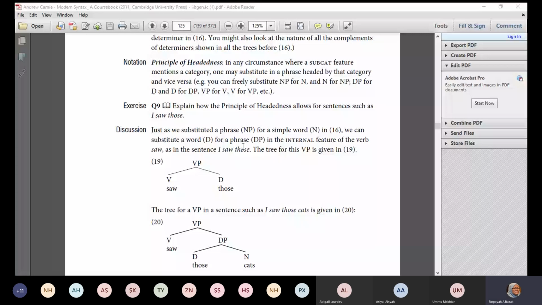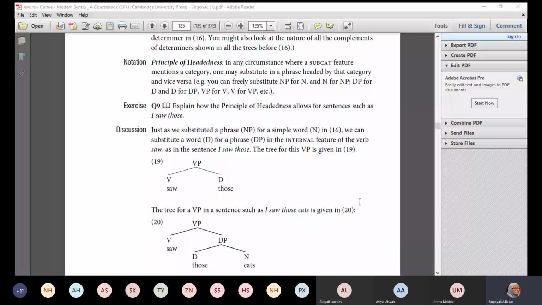In the internal feature of saw, it requires a noun that has certain features, but the DP can also be represented by a determiner, like those. So I saw those, only one element in that DP. It's okay. Ataupun I saw Rogaya. Rogaya is an N. That's okay also.